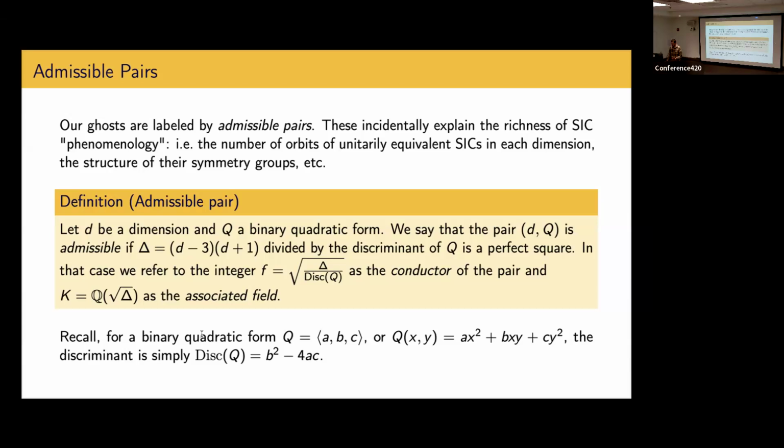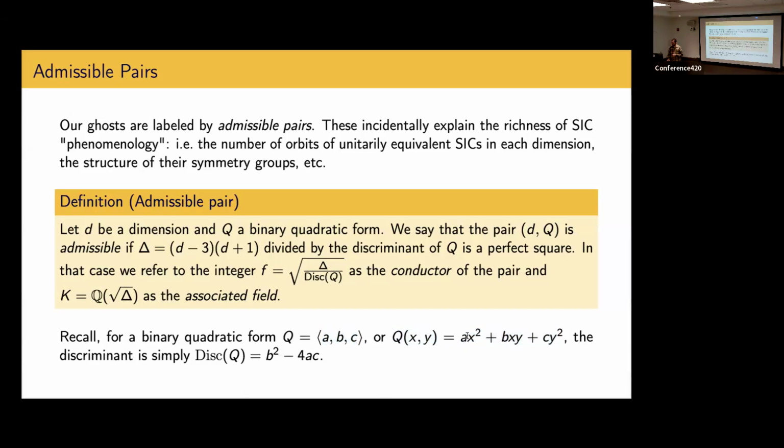So an admissible pair is two things. It's a dimension D and a binary quadratic form. I just mean a degree 2 polynomial in 2 variables, which I can write in this notation here or in this shorthand notation, ABC.